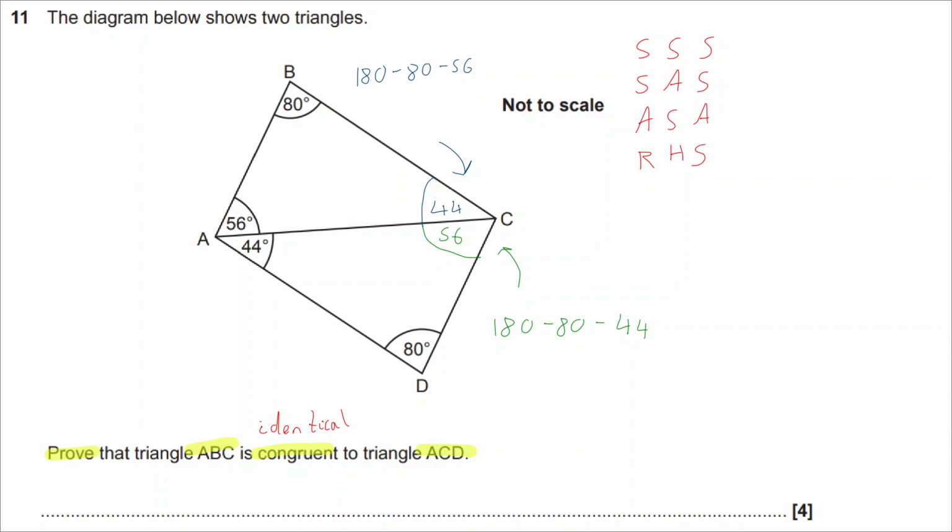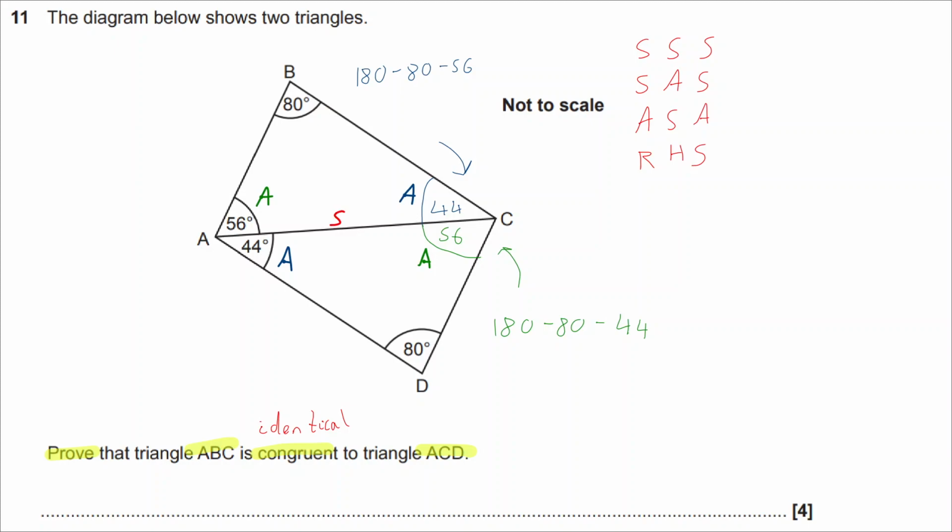Sorry, what am I talking about? These angles. You've got identical angles, both 44. You've got the 56s, which are also identical, and they are sharing a common side, AC.